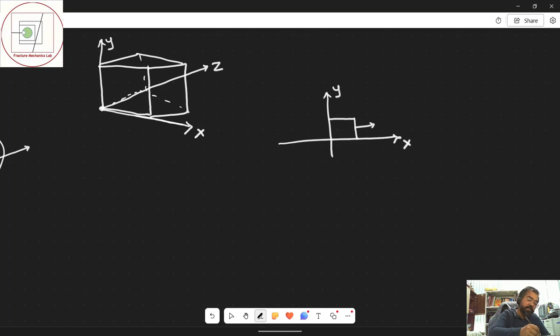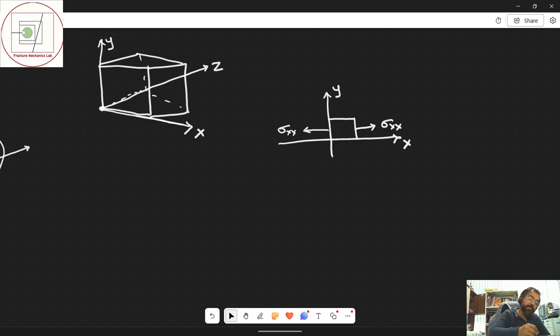Let us say that the stress working in this direction is sigma xx, and intuitively I can say that the stress in this direction should also be sigma xx. But let us say that it is not the case. This is how we proceed in mathematics, by saying that it is not the case and then proving it. Then if it is not the case, things are not good.